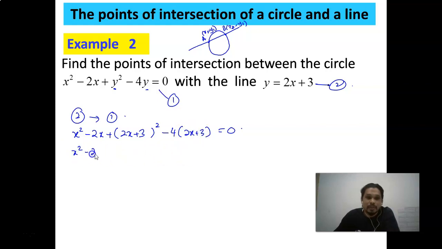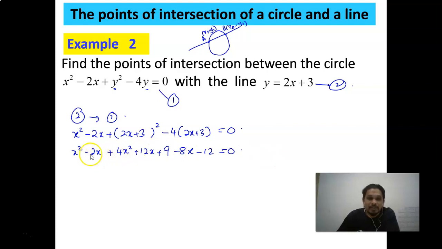So x squared minus 2x, plus x plus 3 in brackets squared: x times x, x squared; x times 3 equals 3x, with another 3x, 6x; and 3 times 3 equals 9. Negative 4 times x, negative 4x; negative 4 times 3, minus 12, equals 0.